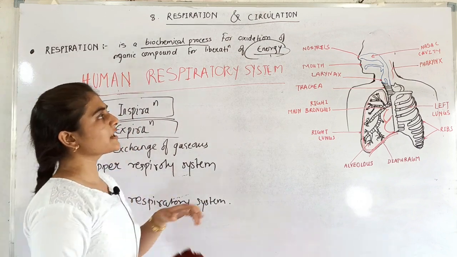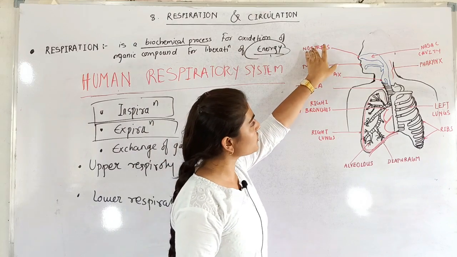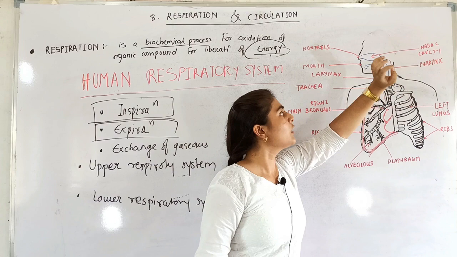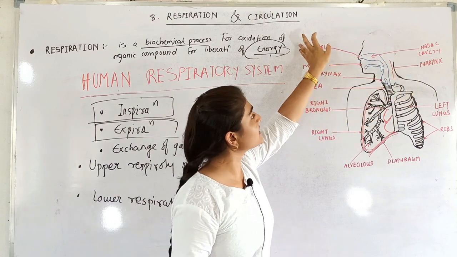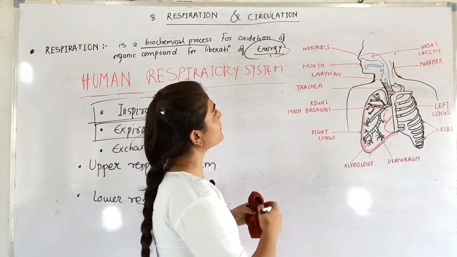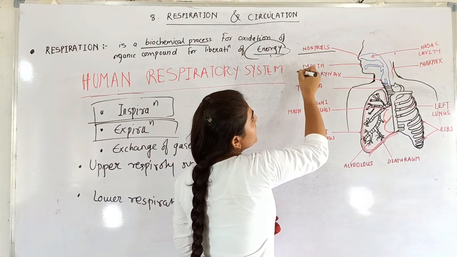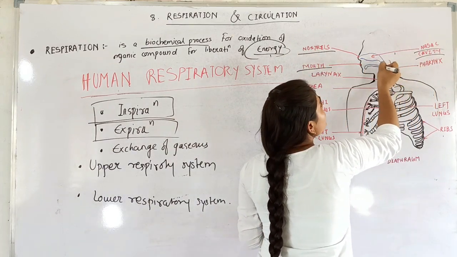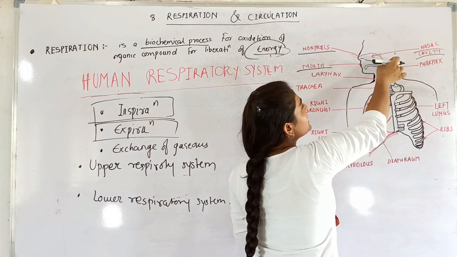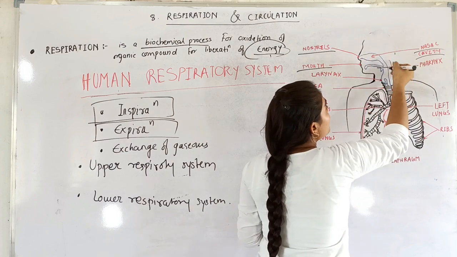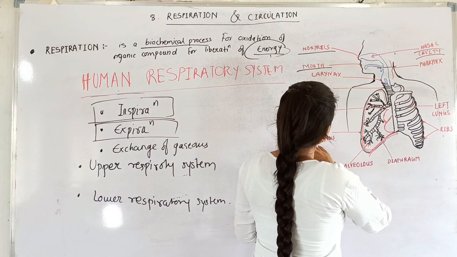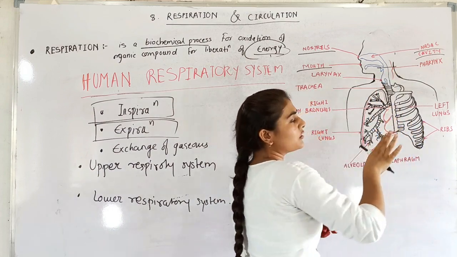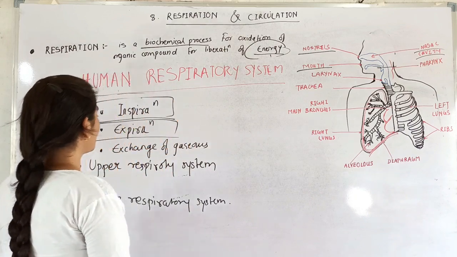The upper respiratory system starts from the nostril to the pharynx, meaning above the pharynx, not the complete pharynx. This includes the nostril, mouth, nasal cavity and some portion of the pharynx. From below the pharynx to the bronchi and alveoli, this is all the lower respiratory system.